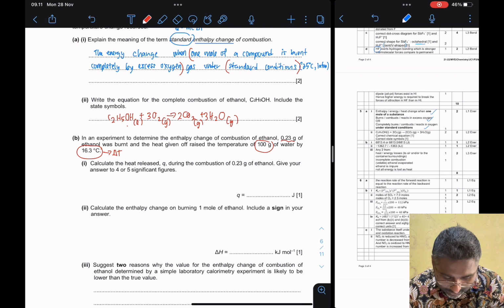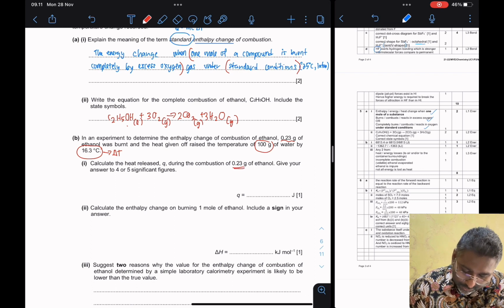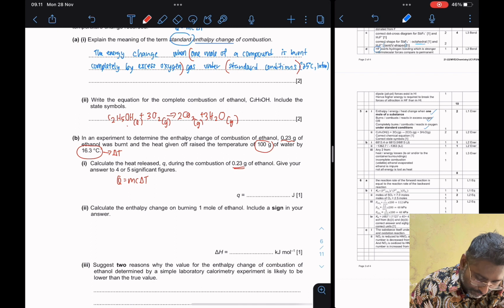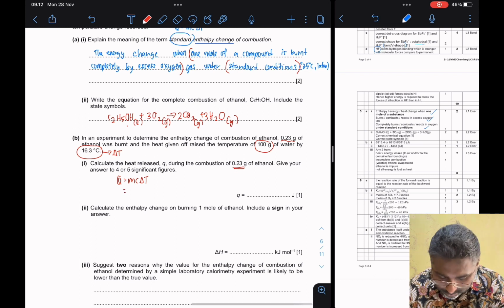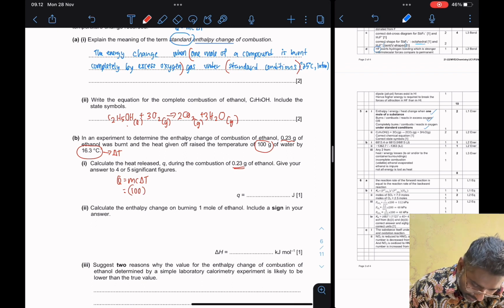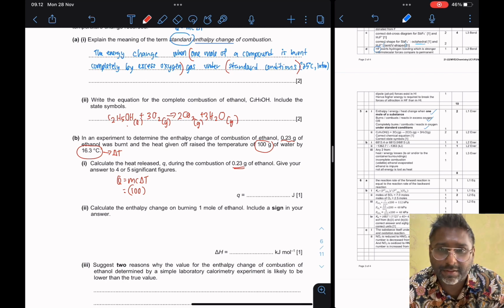In this case, we are going to calculate the heat released Q during the combustion. Don't use this mass, because we are going to use Q equals mc delta T. This is given just to confuse you. So 100 gram, not even 120, not even 100.23, don't go and add them together.